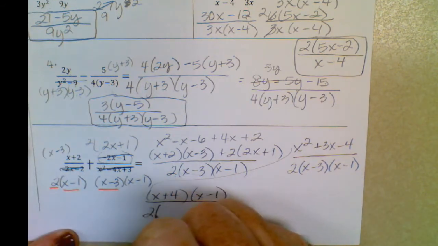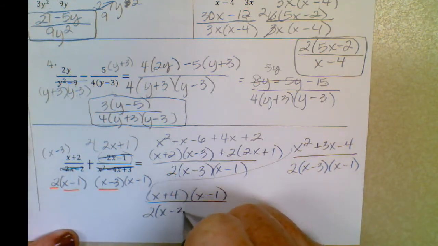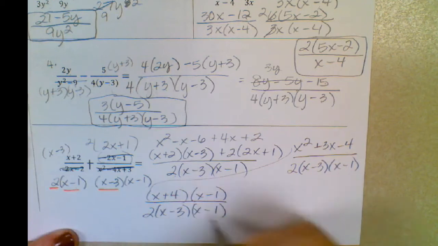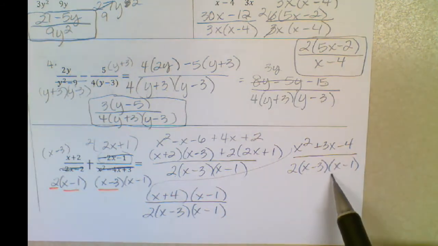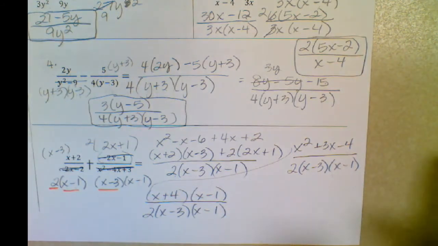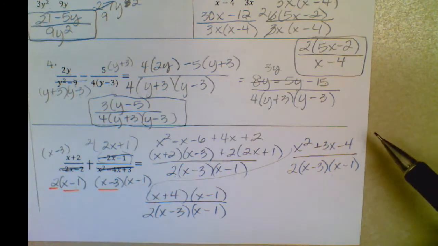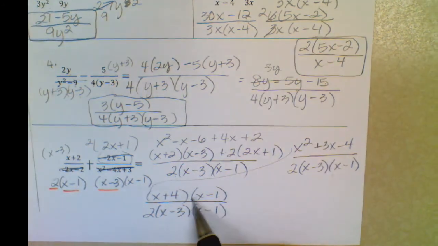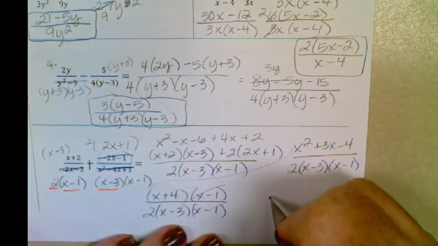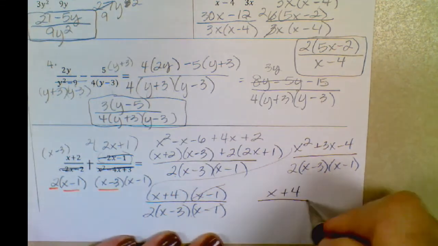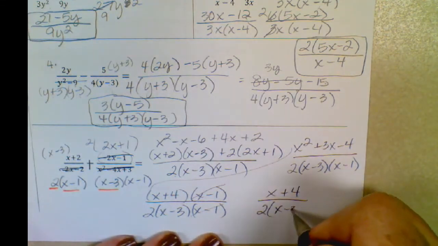And then on the bottom I have 2, x minus 3, and x minus 1. So this is the reason I kind of leave that denominator factored, because I had a feeling it was going to factor out. So now I've got the x minus 1 that factors out in both cases. So I've got x plus 4 over 2 times x minus 3.